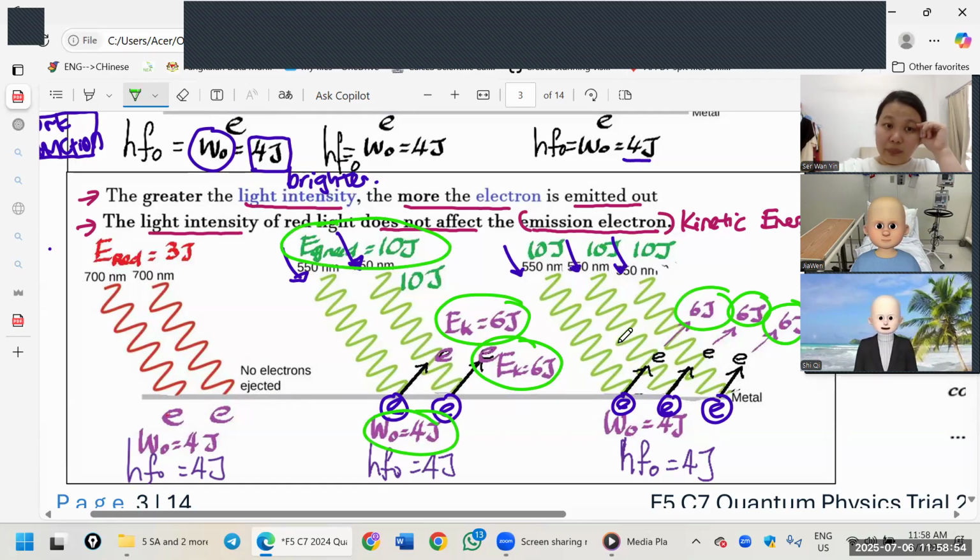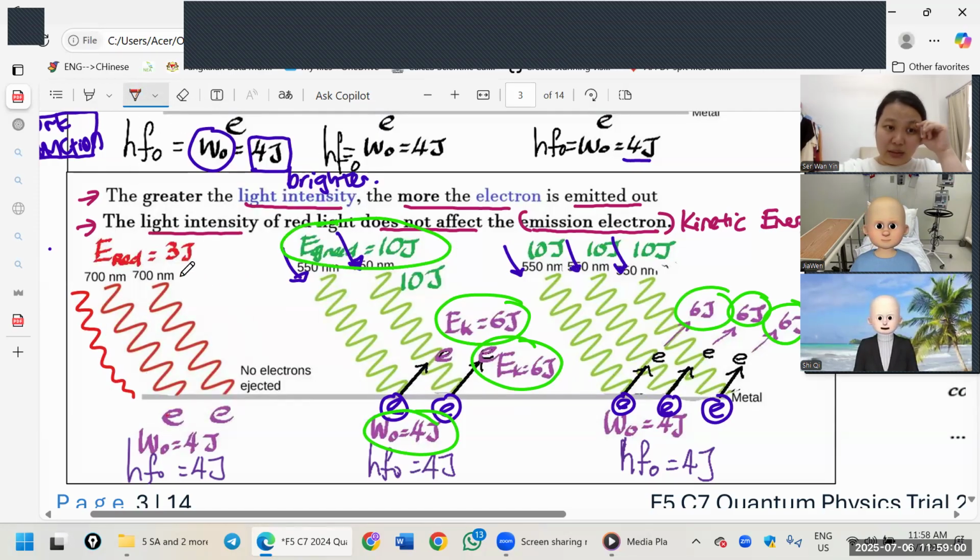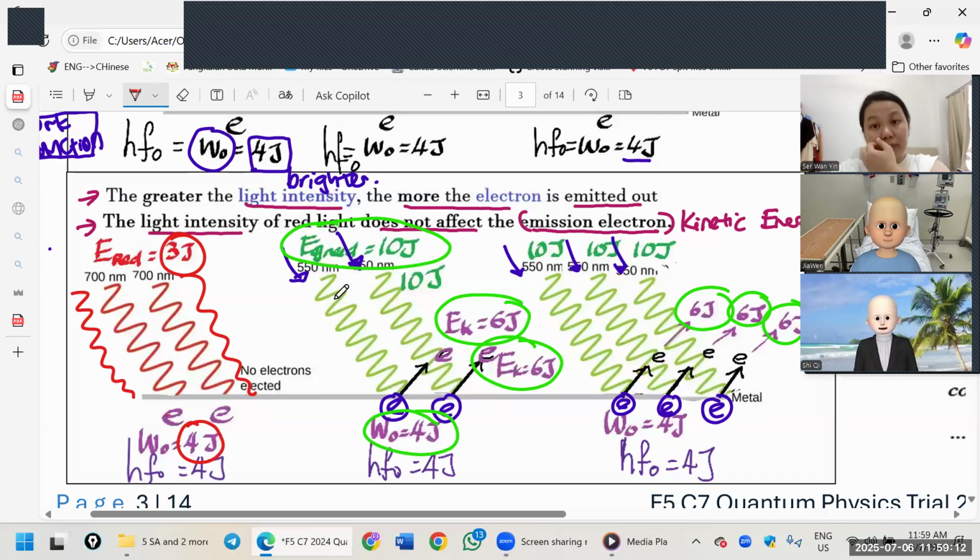So now, for example, if you give more light intensity for red, also no electron come up because the photon energy is less than work function. So when we increase light intensity, we only emit more electrons. But that's it.